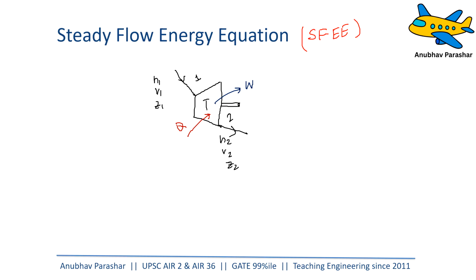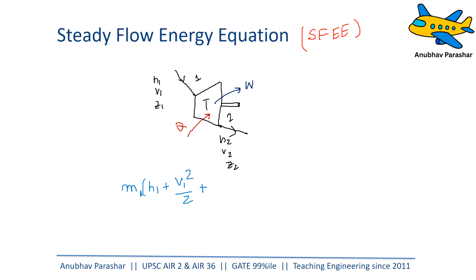So we had written the steady flow energy equation. Let us rewrite what we have written in the last slide. So you can say total mass flow M1 times H1 plus V1 square by 2 plus gZ1, we know M1 is equal to M2, but let us write it in a generalized form so that we can apply it for any kind of system, even if we are doing charging, discharging.